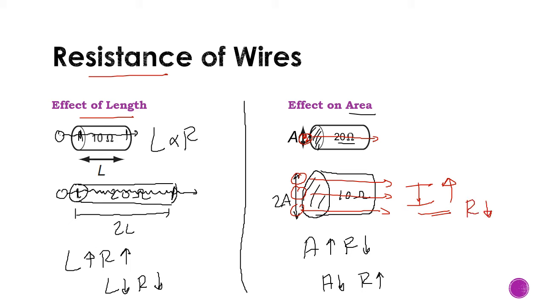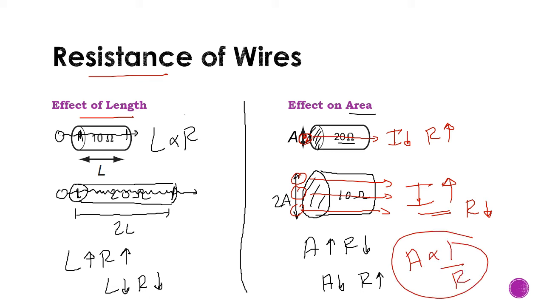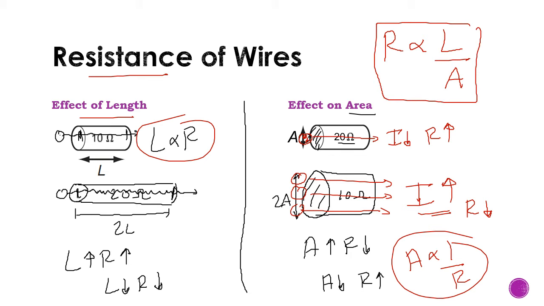You're not resisting as before. Whereas here the current is low, so the resistance is high. Excellent. So we can simply say that area is inversely proportional to resistance and length is directly proportional to resistance. Usually I like to abbreviate when I write it for myself: resistance is proportional to length and inversely proportional to area, written this way. Okay.